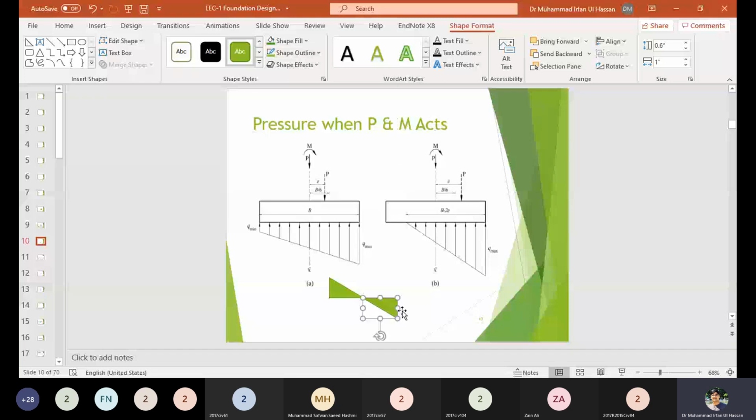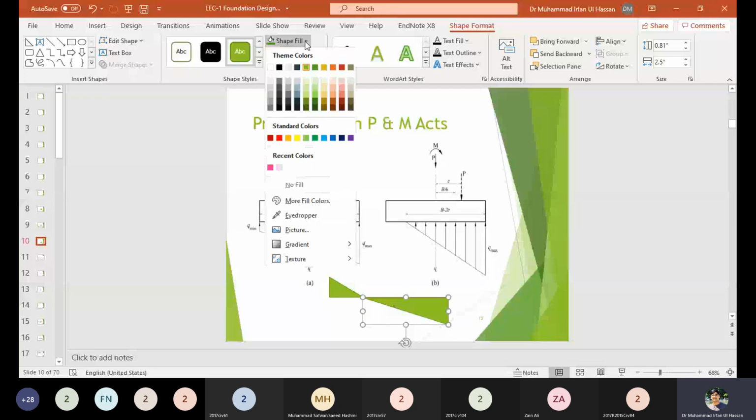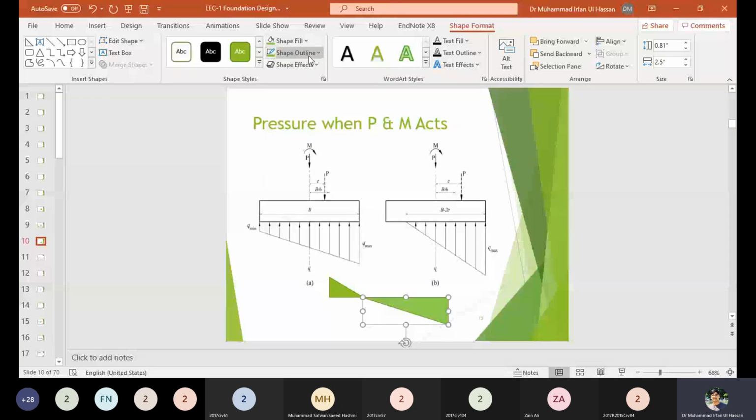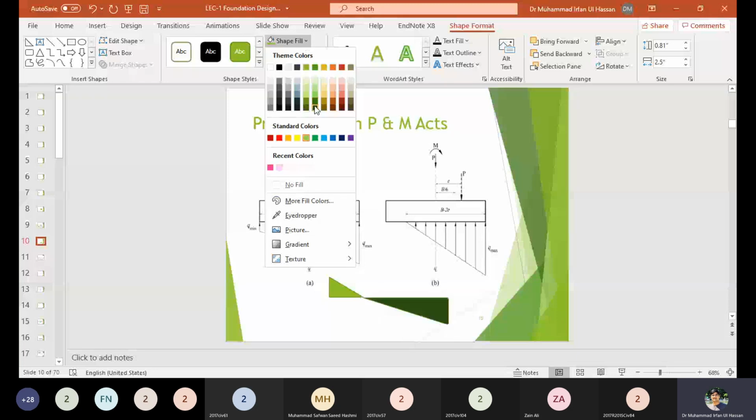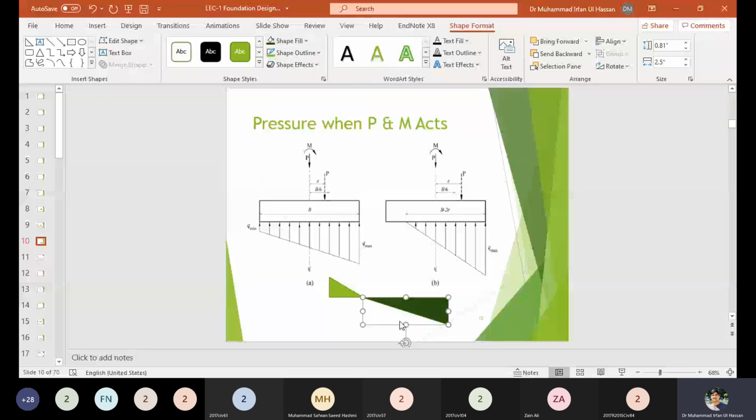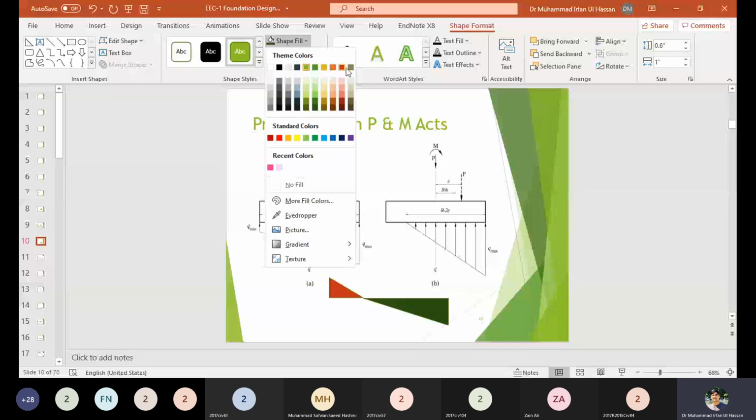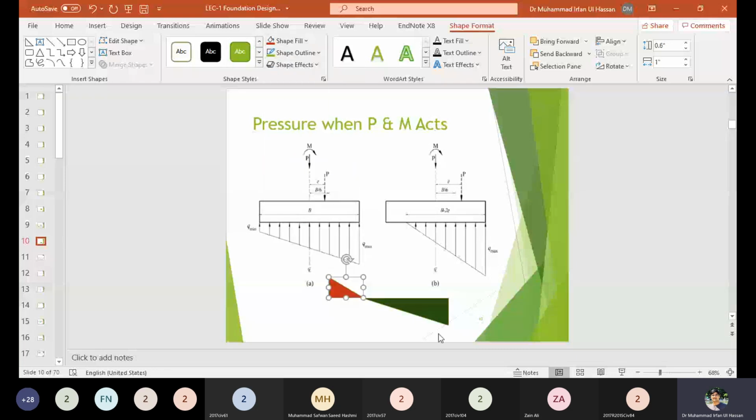असल में तो ये प्रेशर इस तरह चला जाएगा रियल में. If you compute, the pressure is like that. One side, which is shown here in color, the green color is the compressive pressure, but the part shown in red color is the tensile pressure.